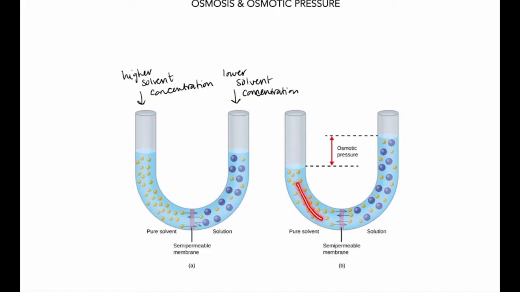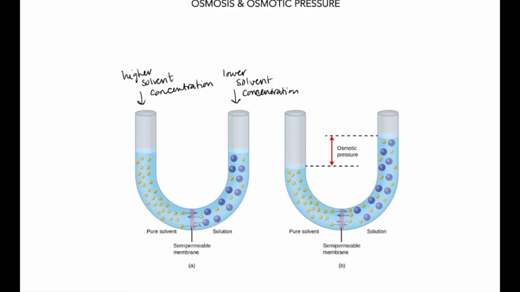So as solvent flows through the membrane, we get an increase in the volume, right? This is the increase in the volume, the difference in the volume. And there's actually a pressure associated with that height of liquid. The weight in that column gets high enough, and the pressure gets high enough that it starts to actually force some solvent back through the other way.